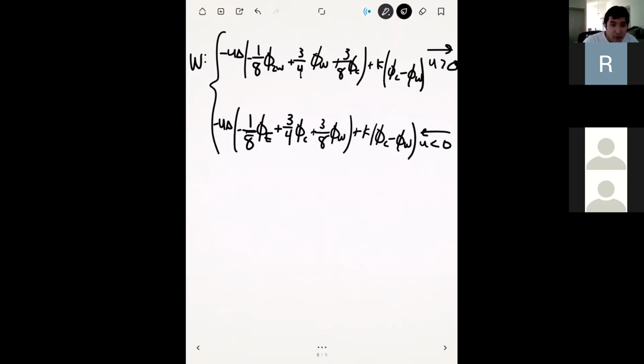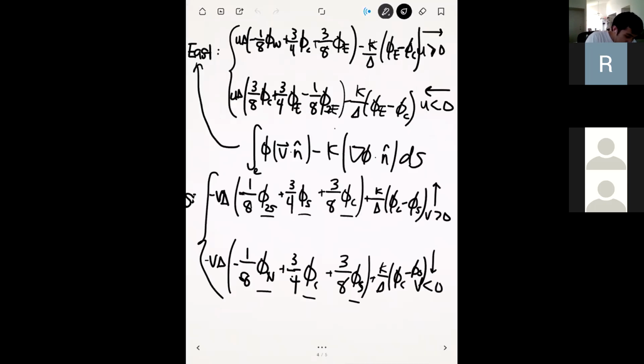And the mistake I made last time was I put a k over delta, but there shouldn't be a delta, because I multiplied delta all the way through. So let me correct that really quick, just for the live notes. These terms shouldn't be here, so it should just be a k.